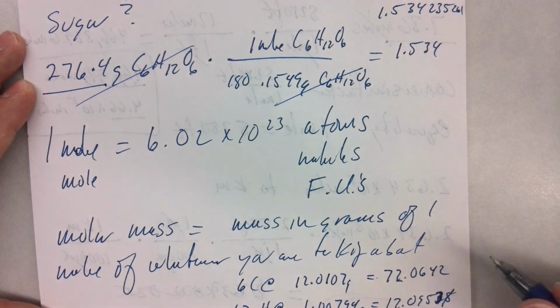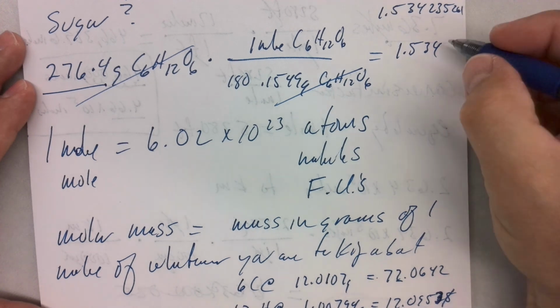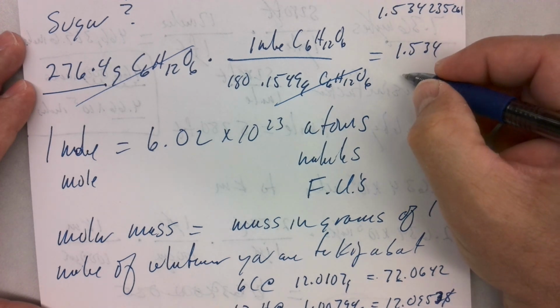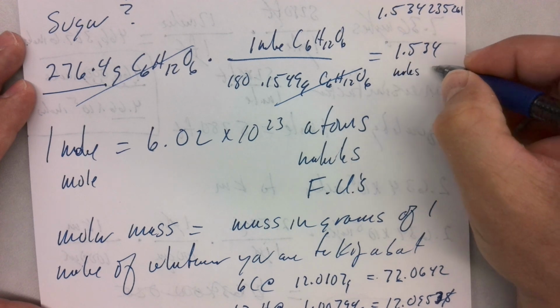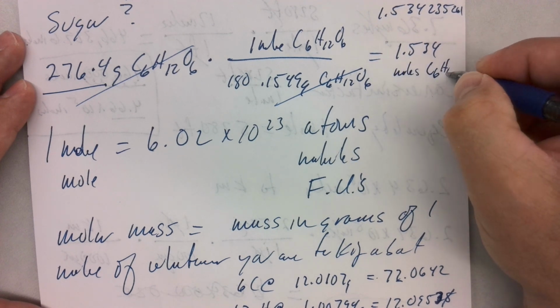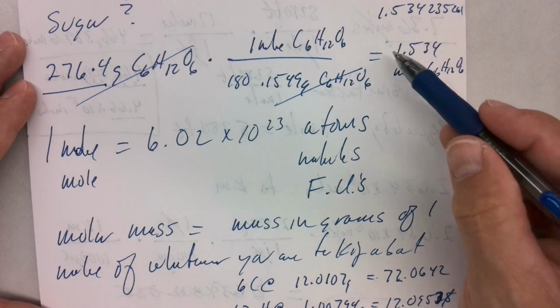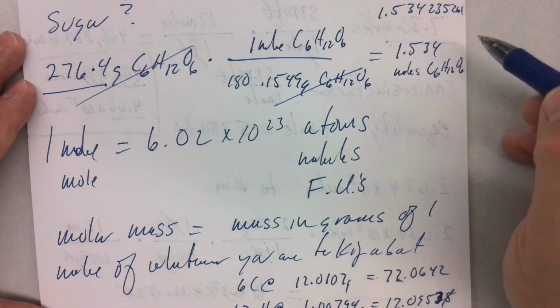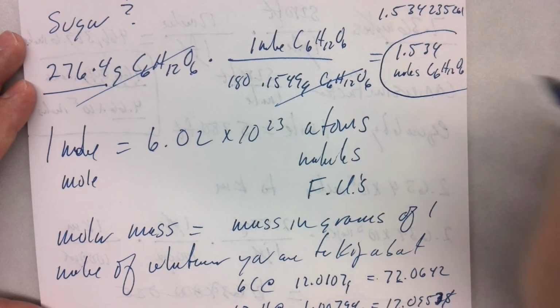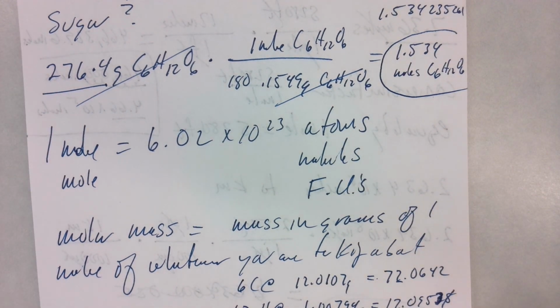Okay, what's wrong with that? Yeah, I have to have units. That'd be 1.534 what? Moles of sugar. Is that not right? Did nobody else back that up? You got that? Okay.